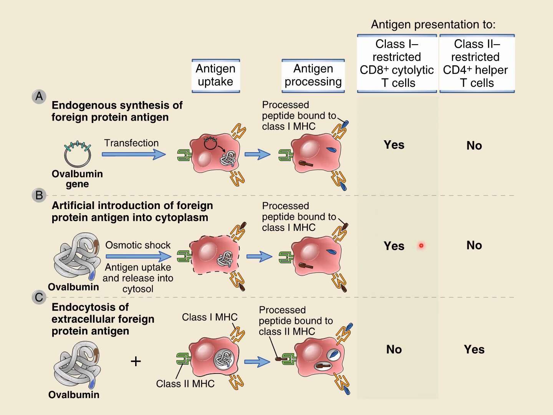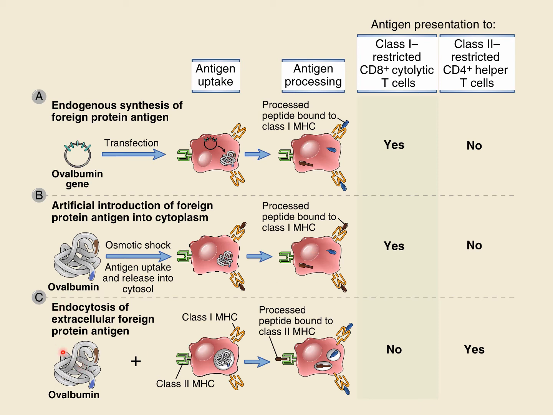Again, only CD8 cells or cytotoxic T cells will be activated, and T helper cells will not be activated, as only MHC class 1 molecules are displayed, which can only interact with cytotoxic T cells.